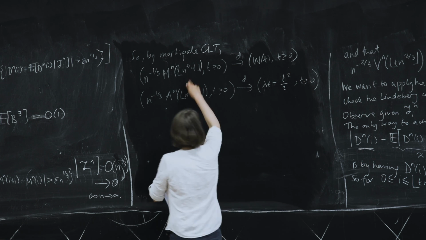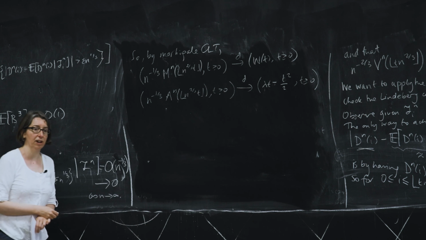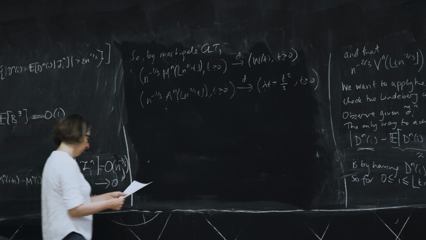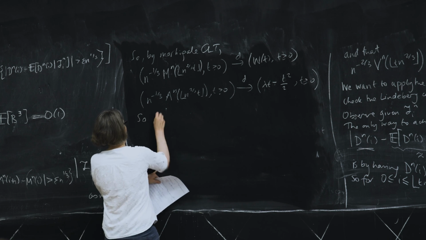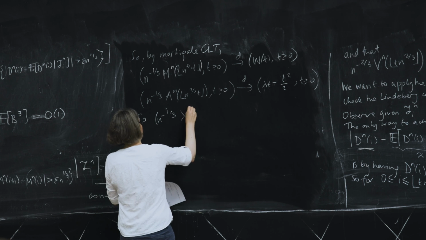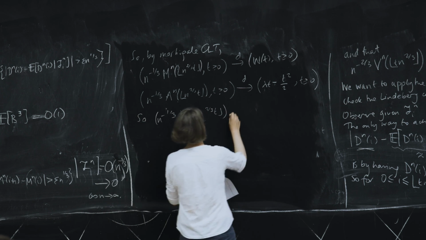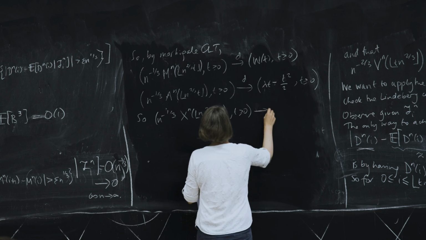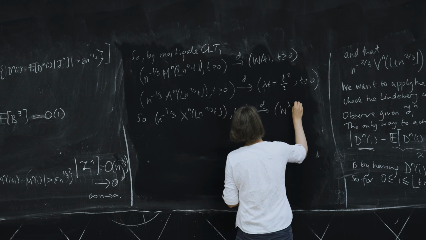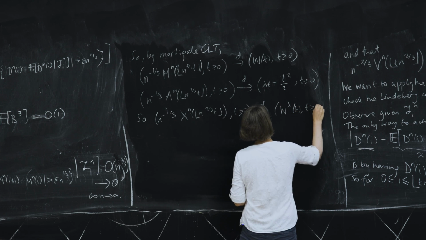Okay, and so if I sum these two things up, I'm just getting convergence in distribution to what I wanted. Okay, so in particular, for the whole process xn, I indeed get convergence in distribution to w lambda.